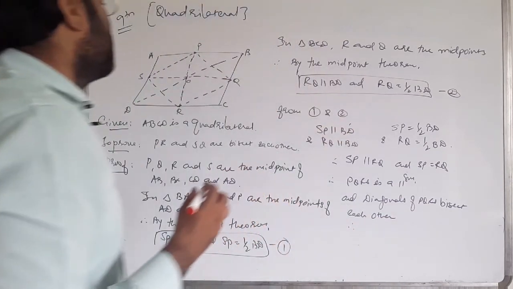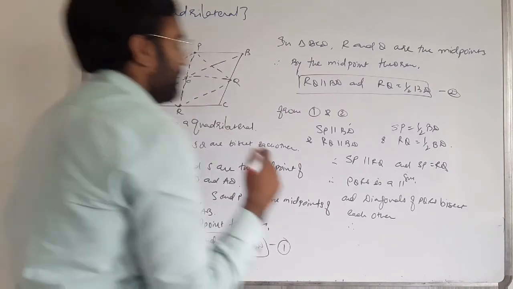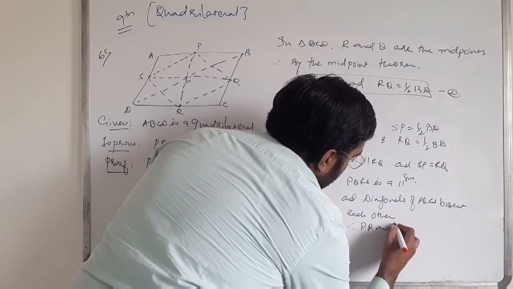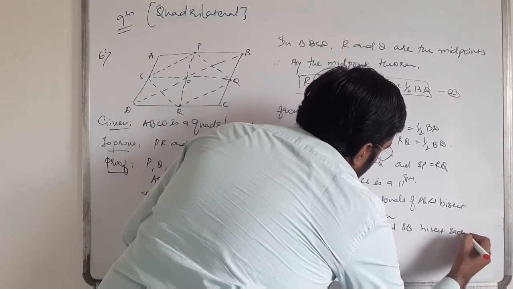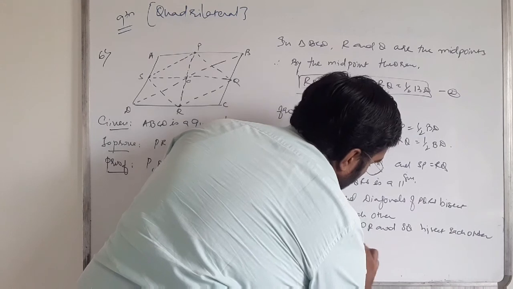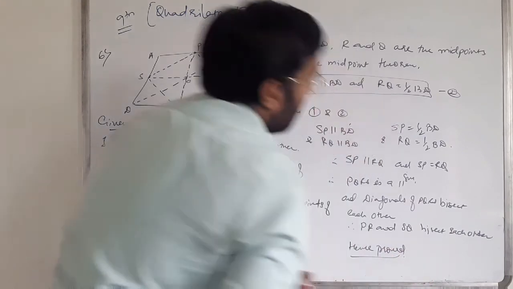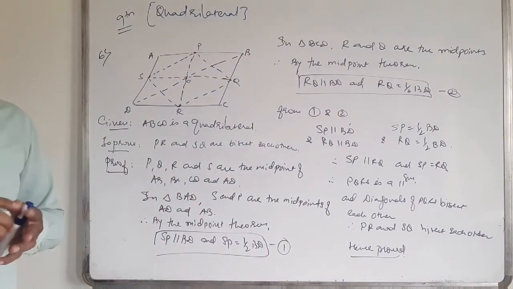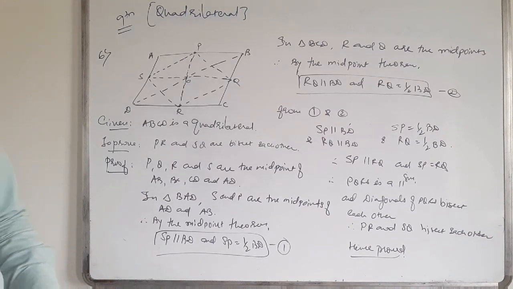PR and SQ are the diagonals of PQRS. Therefore, PR and SQ bisect each other. Okay, hence proved. Clear that? Please note down fast.